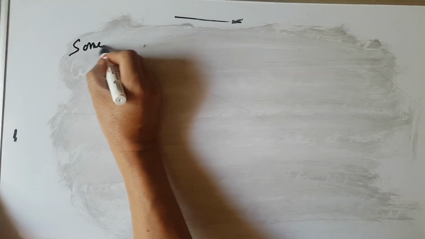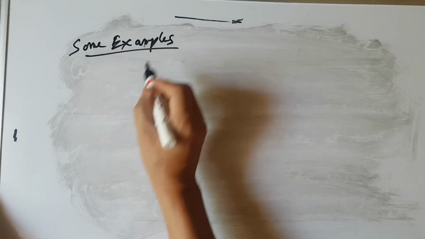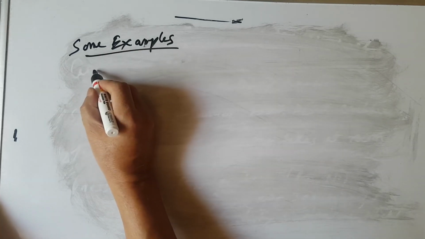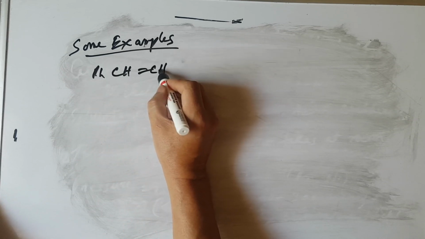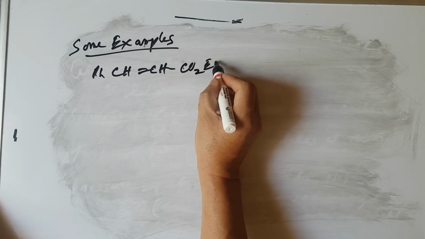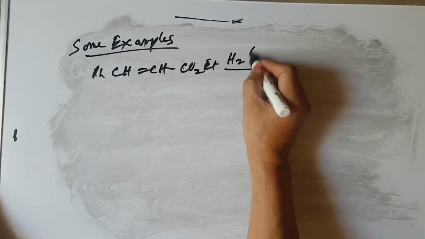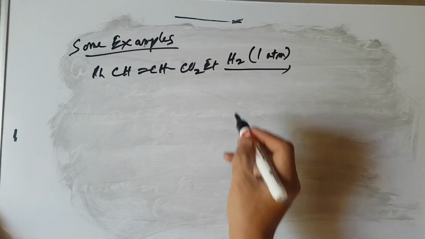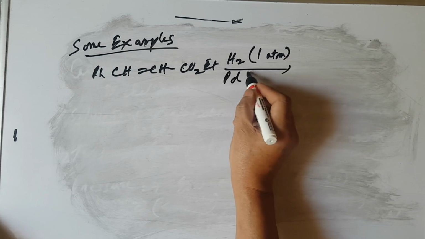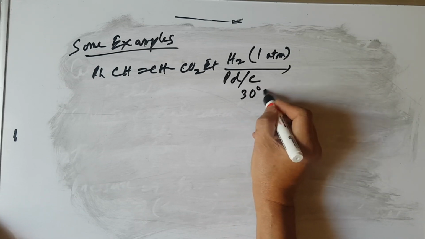Many examples are there. I'll give one example, like phenyl-CH=CH-CO2Et, in presence of hydrogen at 1 atmosphere, low pressure, with palladium on charcoal at room temperature, 30 degrees Celsius.